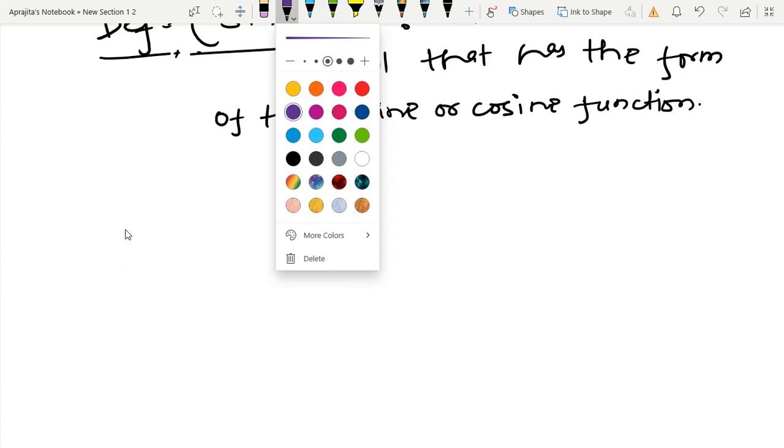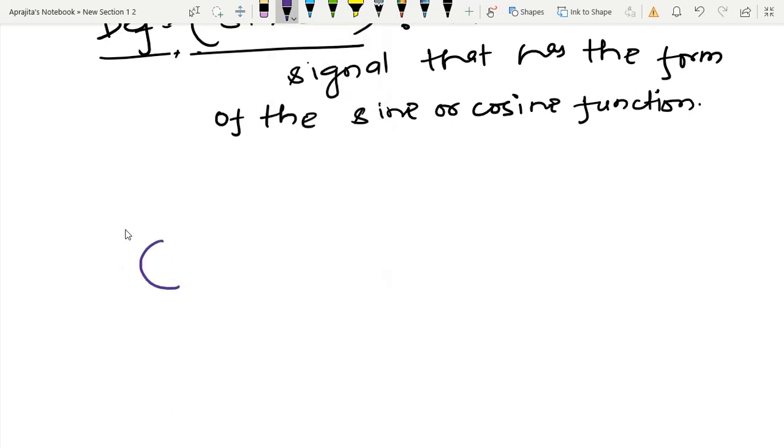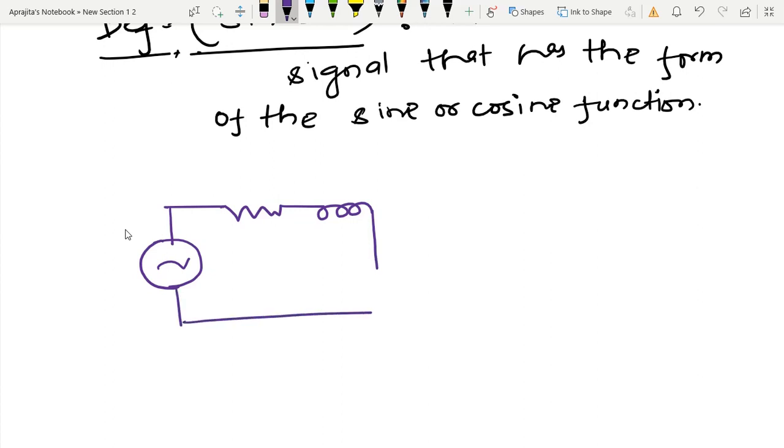So this is our source, and suppose that some connection, so I have taken a resistor, some kind of inductor for simplicity. So this is our circuit.